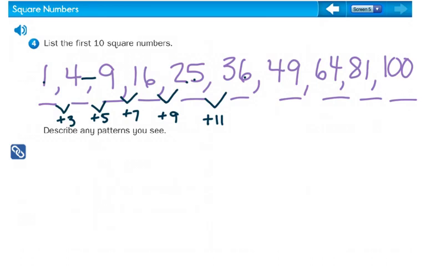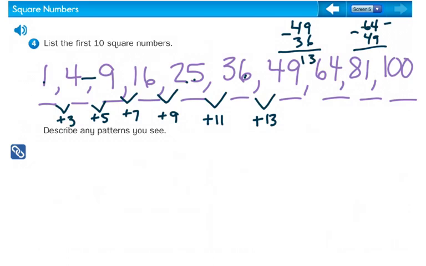Let me continue. To get from 36 to 49, if you can't see this, this is all I'm doing in my head. Let's do one more. How do you get from 49 to 64? You're going to have to subtract. Put the larger number on top. They added 15.